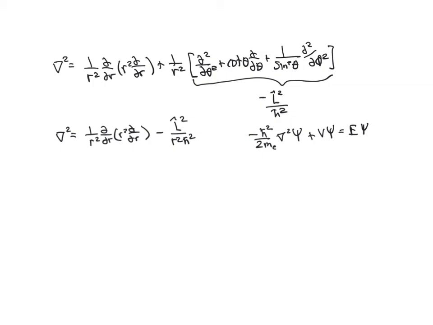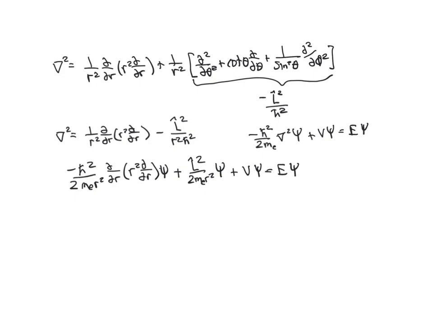So we have minus h bar squared over 2 mass of the electron r squared, derivative with respect to r, times the quantity r squared takes the derivative with respect to r of psi, minus the h bar squareds and the negative sign cancel, so plus L hat squared over 2 mass of the electron r squared operating on psi, plus V operating on psi equals E psi.